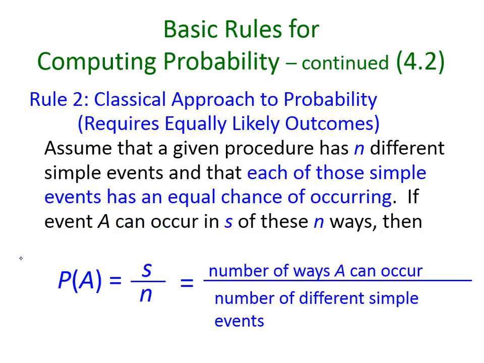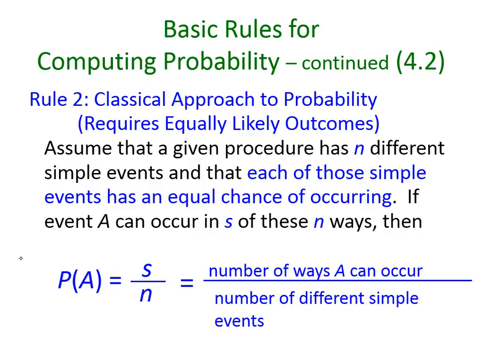The second one is your classical approach to probability. This has to have equally likely outcomes. Flipping a coin, it's equally likely that you get a heads or a tails. Rolling a die, getting a 1 through 6 are all equally likely. You assume that a given procedure has n different simple events and that each of those simple events has an equal chance of occurring.